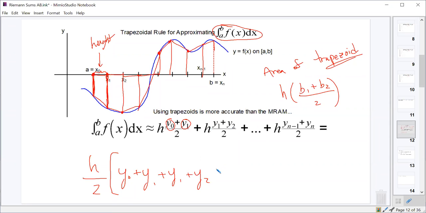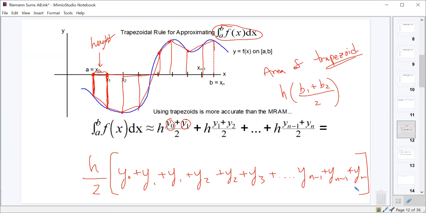What do I add to the next one? The next one should be a y sub 2 and a y sub 3. Right? And the next one should be a y sub 3 and a y sub 4, and so on. Until I get to the end, and I'm going to have 2 of the y sub n minus 1s, but only 1 of the y sub n at the end.